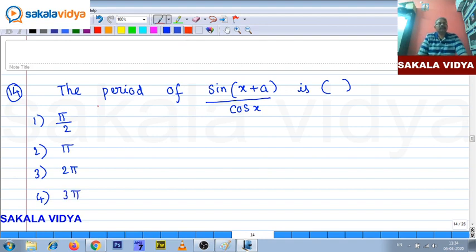Okay. So we need to make a plan. The period of sin of x plus a by cos x.